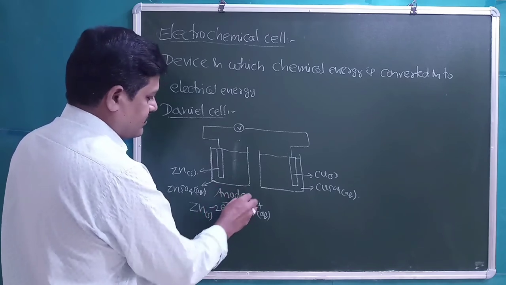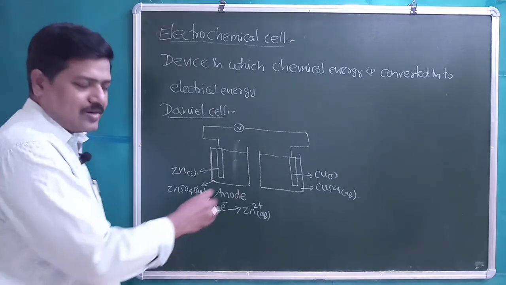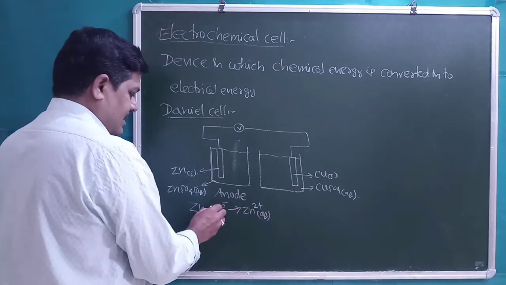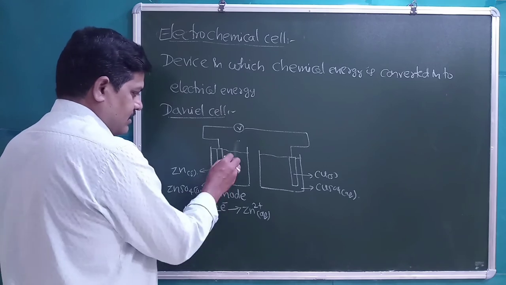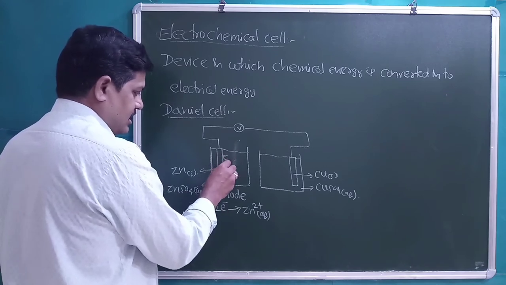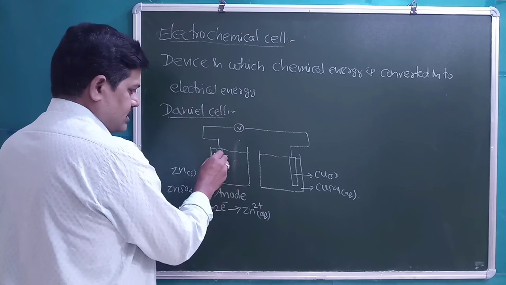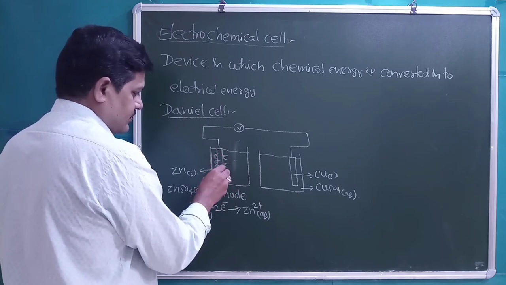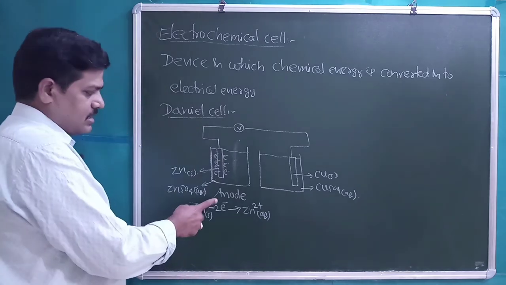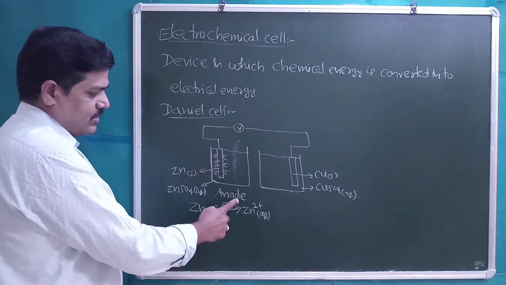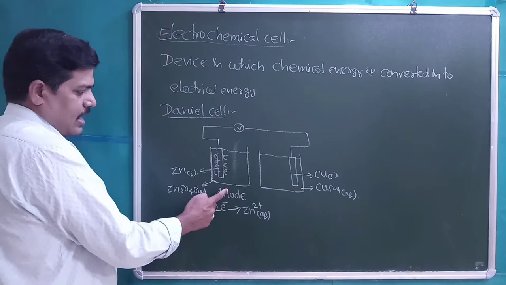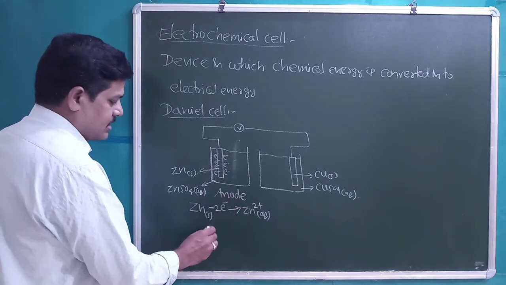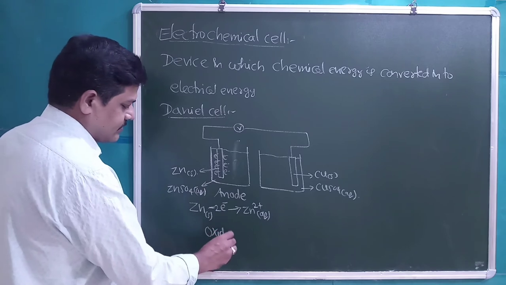The electrode at which oxidation takes place is called the anode. The electrons lost by the zinc accumulate on the zinc rod, which attains a negative charge. Anode is an electrode at which oxidation takes place. Loss of electrons is oxidation.